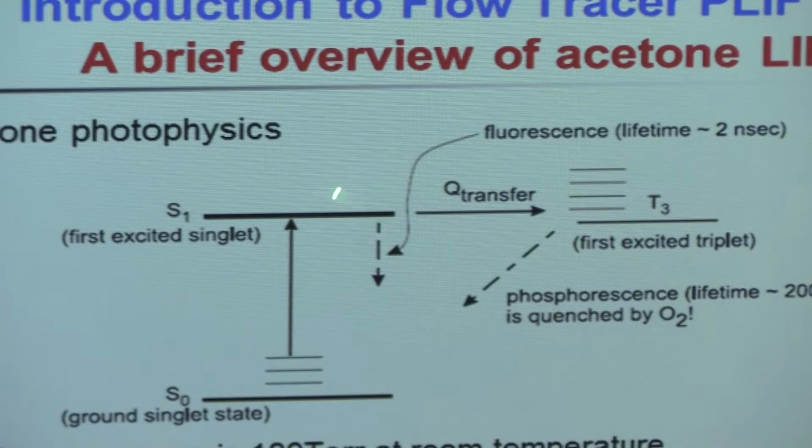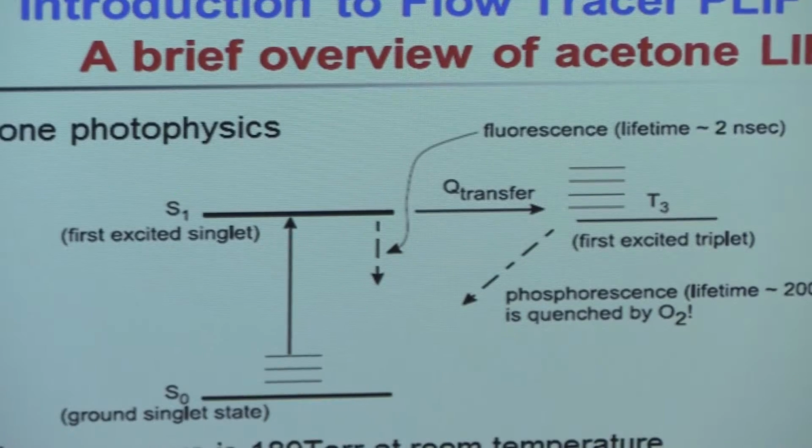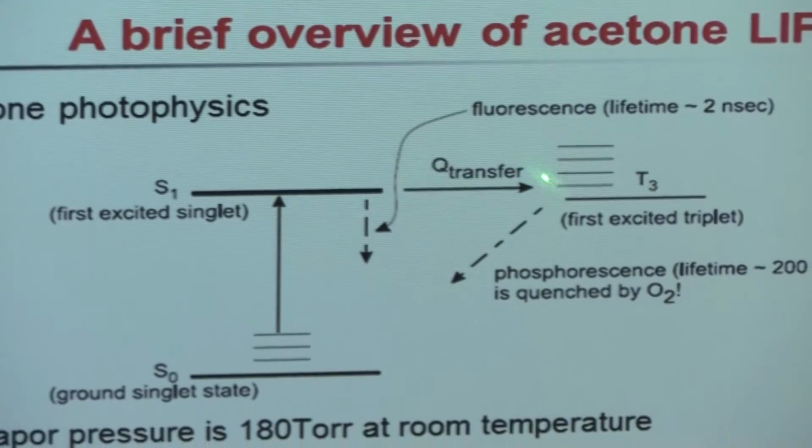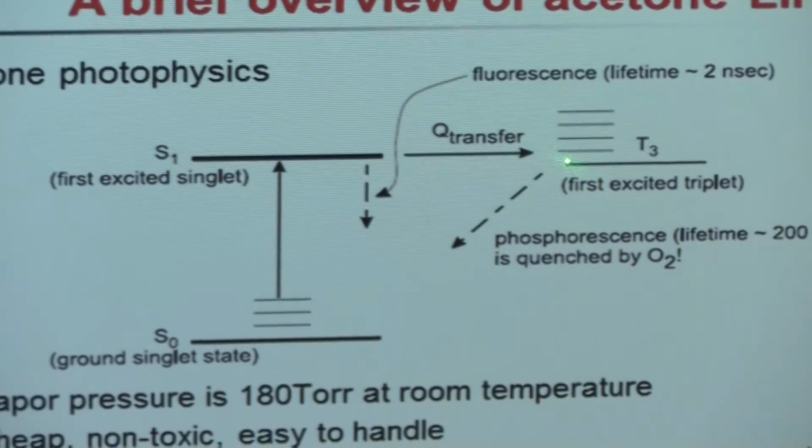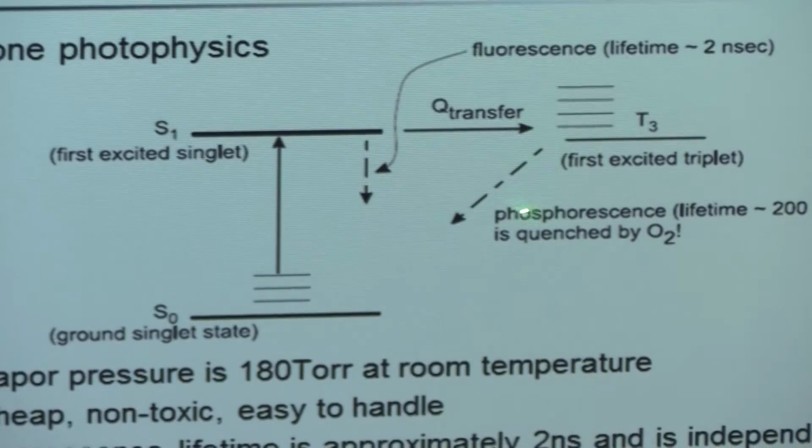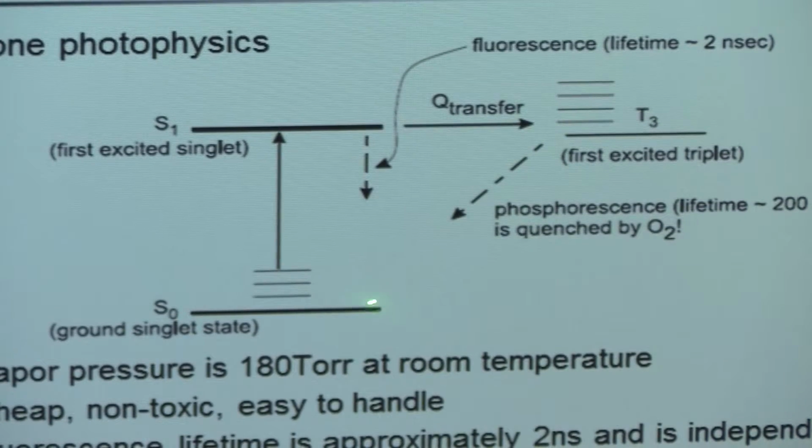You can fluoresce, which is what you want, and the lifetime of that is 2 nanoseconds. Remember that lifetime is 1 over A. So that's telling you what the A value is. Or you can undergo transfer to this triplet state. There's another process I'm not going to tell you about. Once you're in the triplet state, triplets are forbidden to do this, which means that it happens, but it's weak.